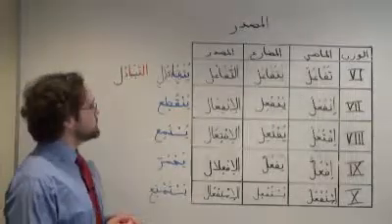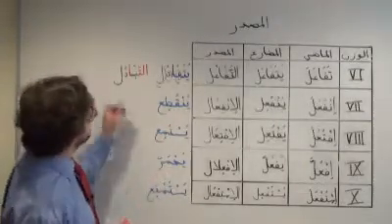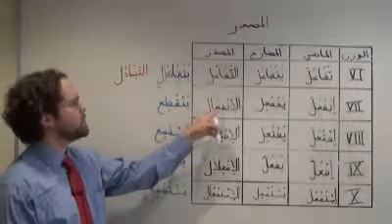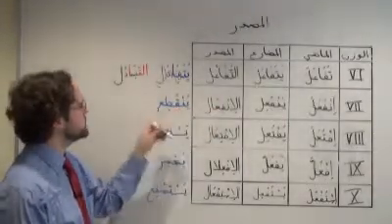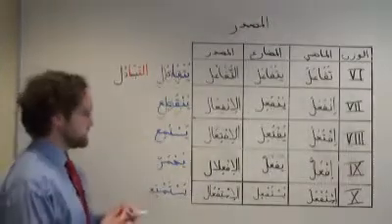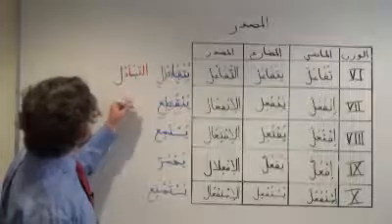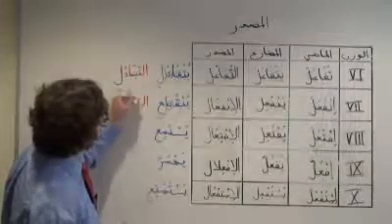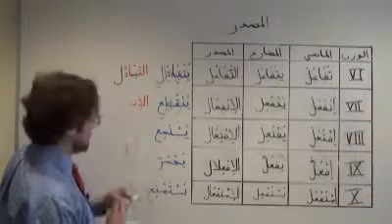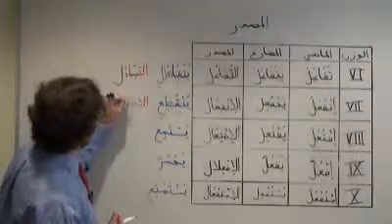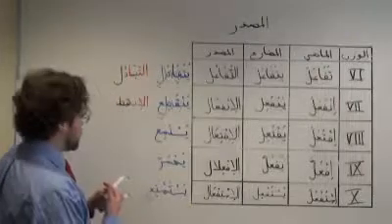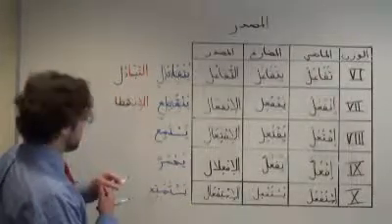So, if we want to turn it into our masdar, we would identify that root, right? What are we going to swap out with the fa, ayn, lam? What's the meaningful judhr? And in this case, it's qaf, ta, ayn. So we wind up with inqita.